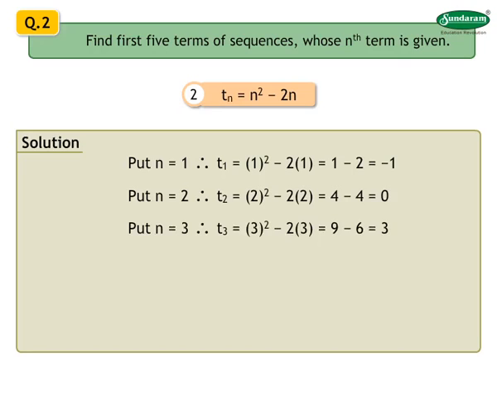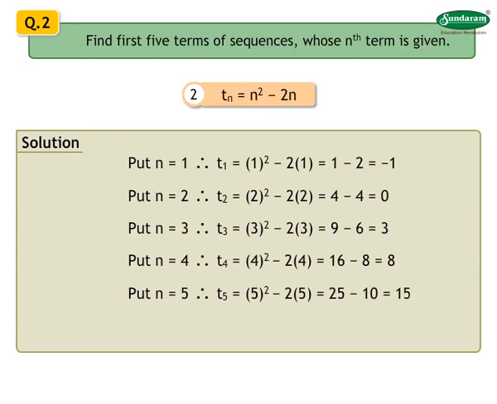Therefore, T3 = 3² − 2 × 3 = 9 − 6 = 3. Put n = 4. Therefore, T4 = 4² − 2 × 4 = 16 − 8 = 8.